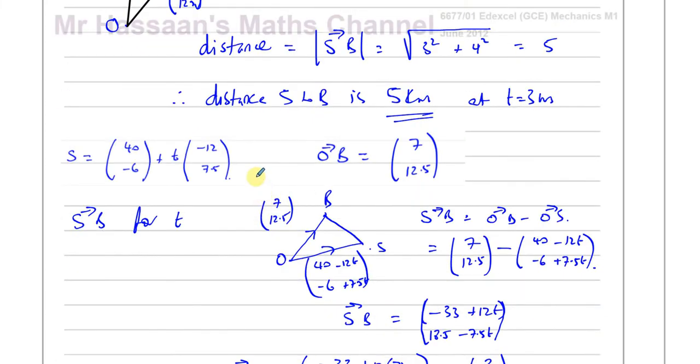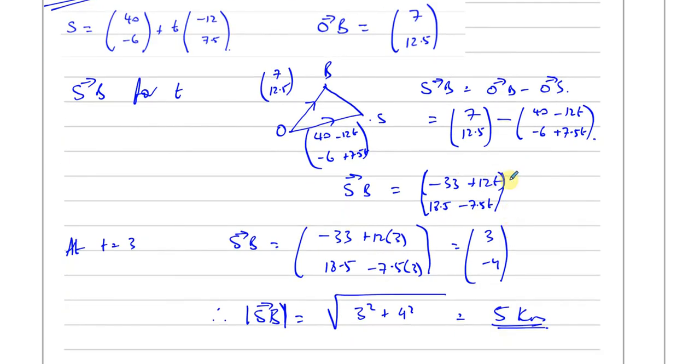Secondly, method 2, is to find the general vector SB for any time t, which is this vector over here, and then substitute t equals 3 into it. Now this will help us for the second part of the question, because the next part is actually going to be using some of these bits of information.